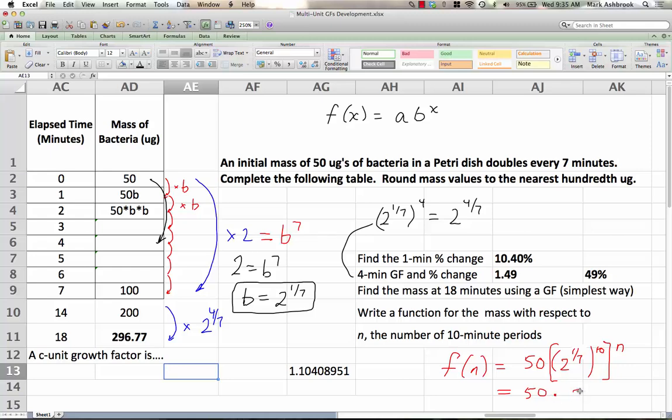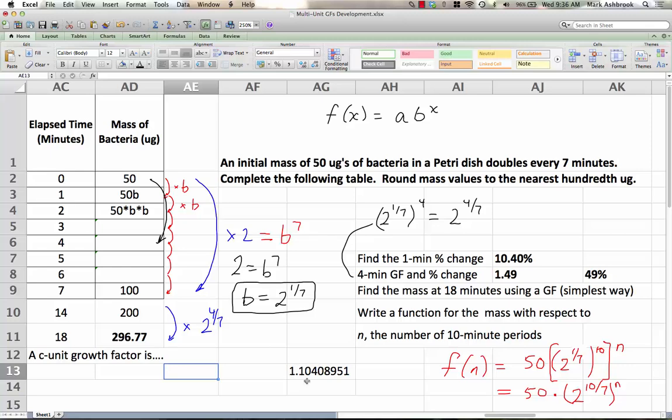Eric? So I totally agree with what's written up there, but it could probably be written a simpler way. I just have 50 times 1.104 to the 10 to the power of n. Okay, so yep, so you actually used this value. This was your 2 to the 1/7, and then you took that to the 10th, and then to the n, right?